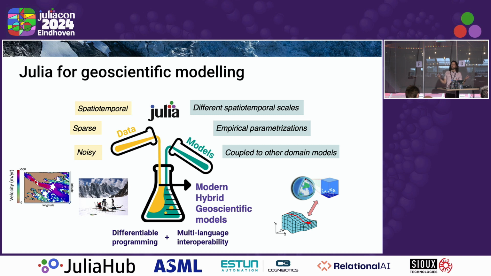The first one is differentiable programming. If we can compute the gradients of our model, then we can easily assimilate and digest all of those huge amounts of data, and then we can perform very cool inversions or optimizations. And the second ingredient is this multi-language interoperability, because as we have seen here, we really need to couple these models between them. And unfortunately, not all models are coded in Julia, so we need to talk to the outer world, and Julia is very good at this.